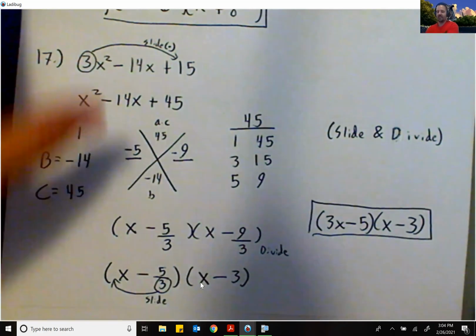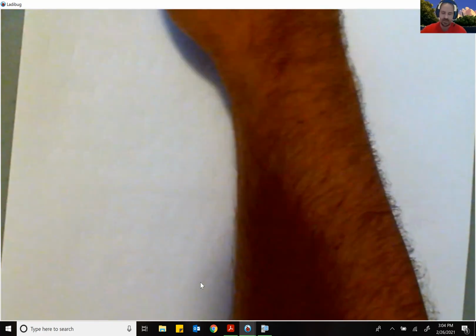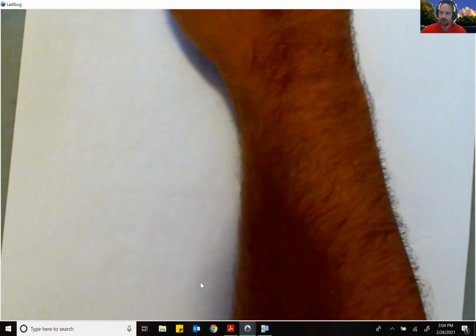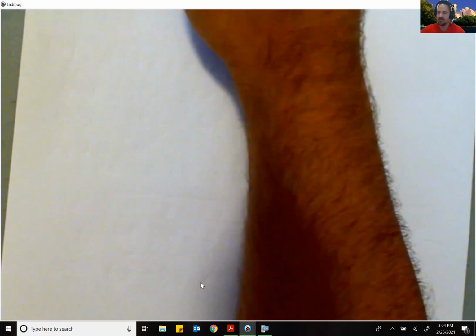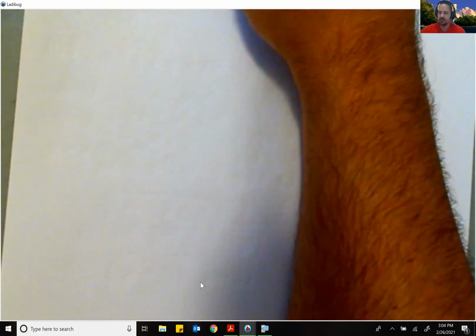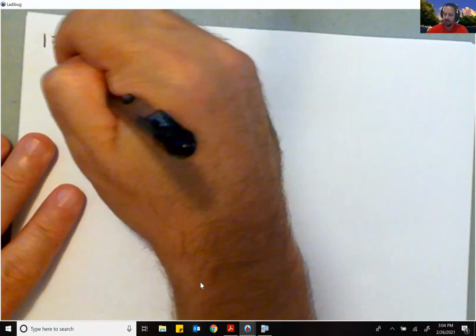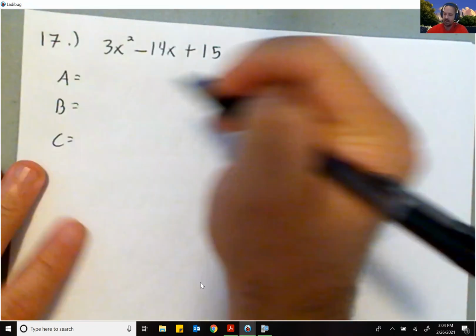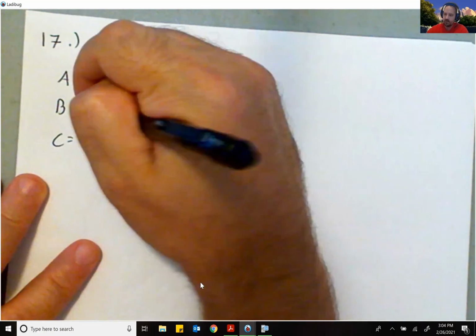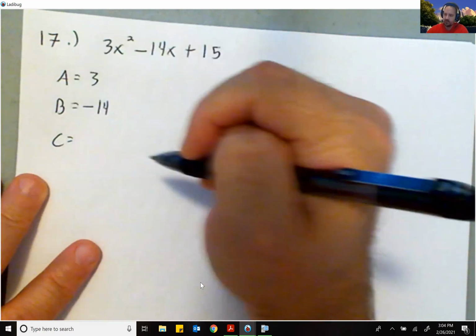All right, I'm going to do 17 one more time, but this time I'm going to show the box method, the one that looks like a Punnett square. The box method starts out just like all the other ones, just like the AC. We're going to play the X games. So 3, negative 14, 15.